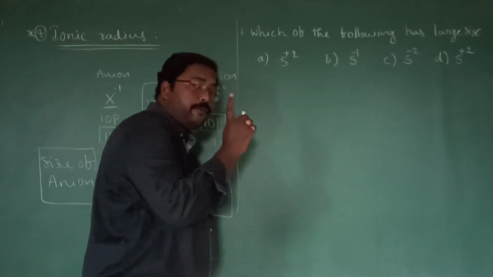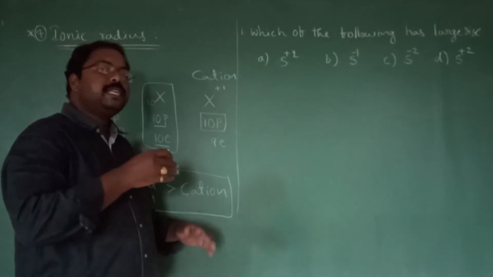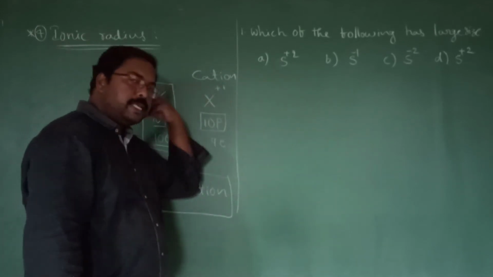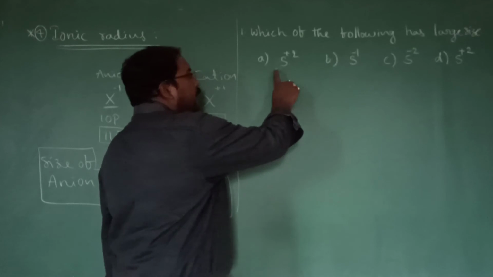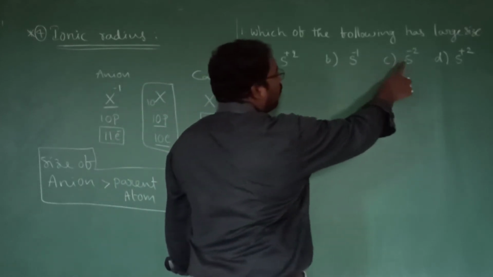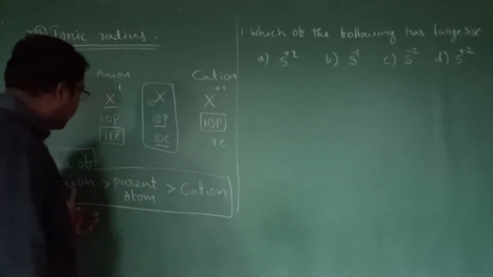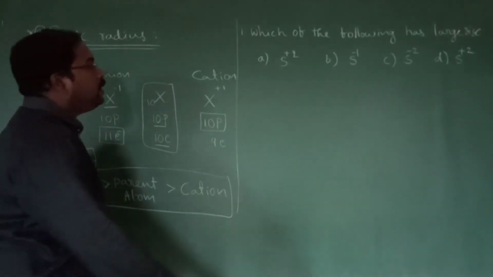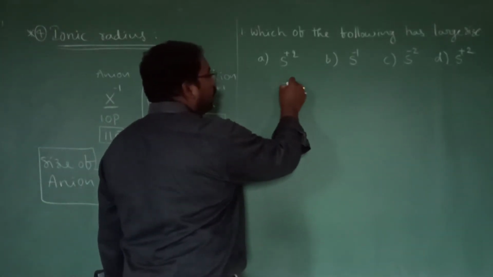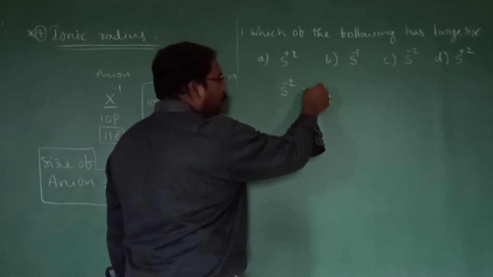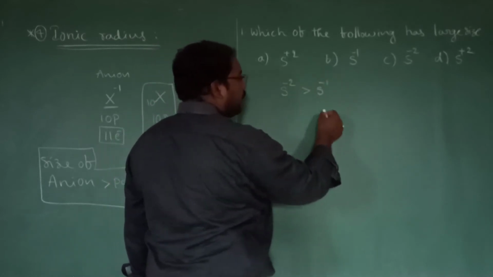We are comparing for the same atom. If it is different atoms, how to compare, we will discuss further. Now in the case of the same atom, we all know that the cation has a small size compared to the anion. So out of that, the large size will be for what? S minus 2 has more size than S minus 1.